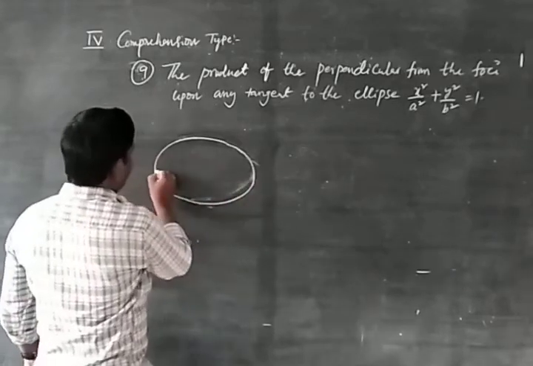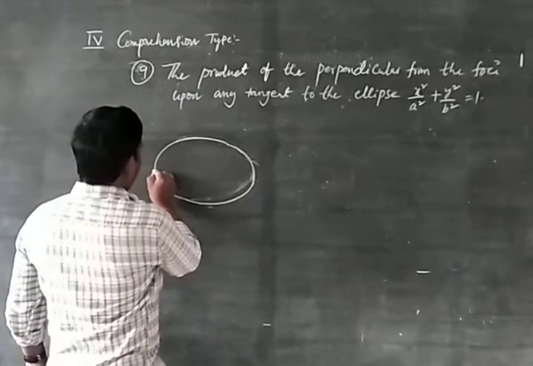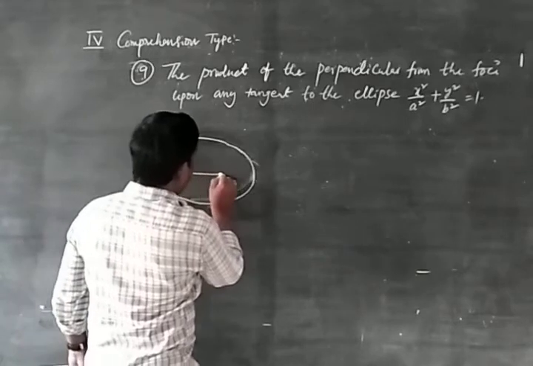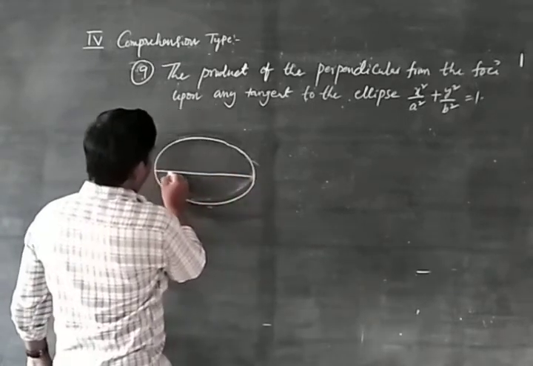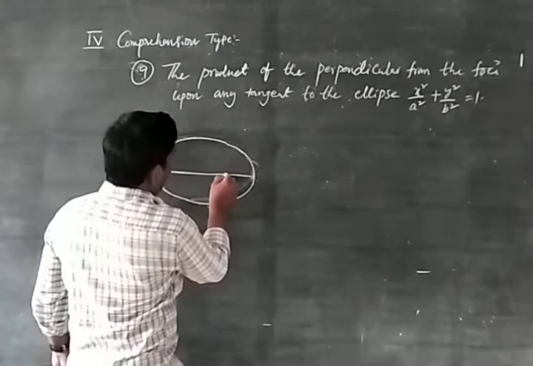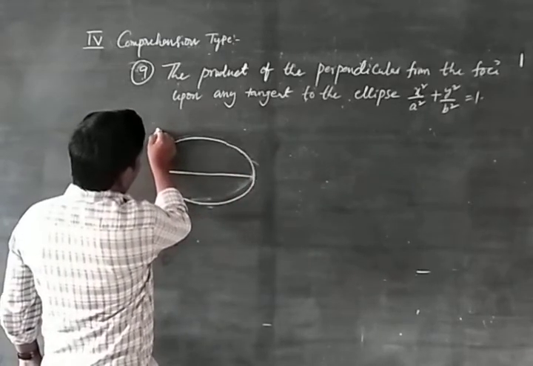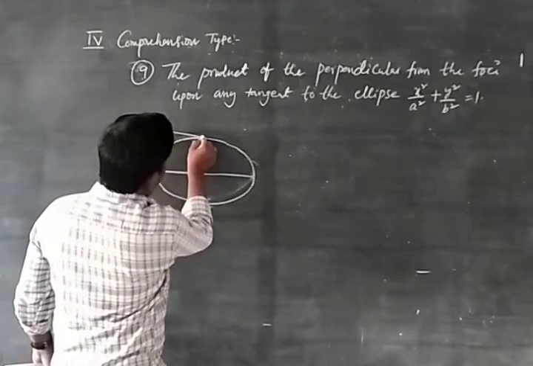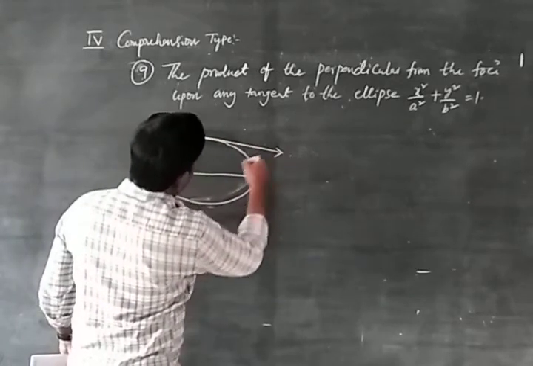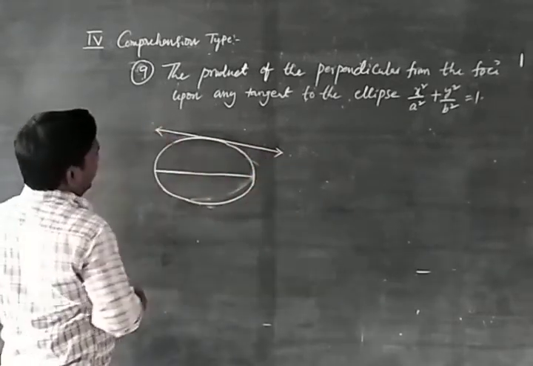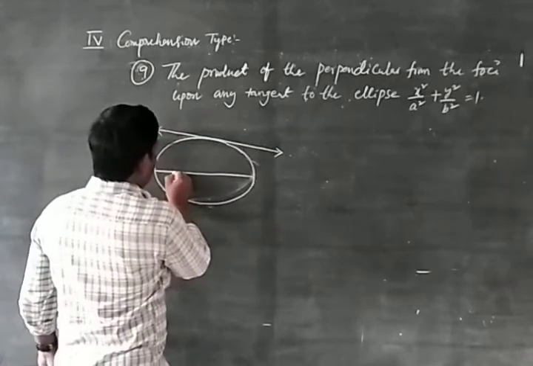This is a horizontal line, and there is a tangent. This is a tangent.